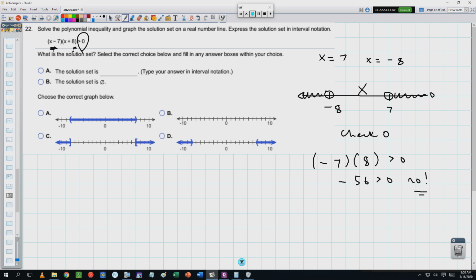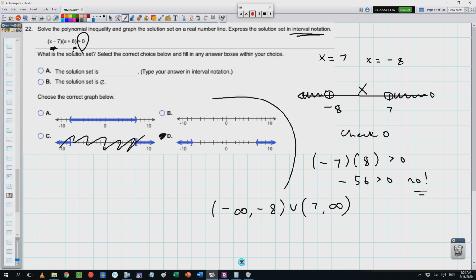That appears to be, well, it's not this one because those are brackets, closed circles. It's going to be D here. The solution set in interval notation will be negative infinity to negative 8. We will union that with 7 to infinity. And that would go right there.